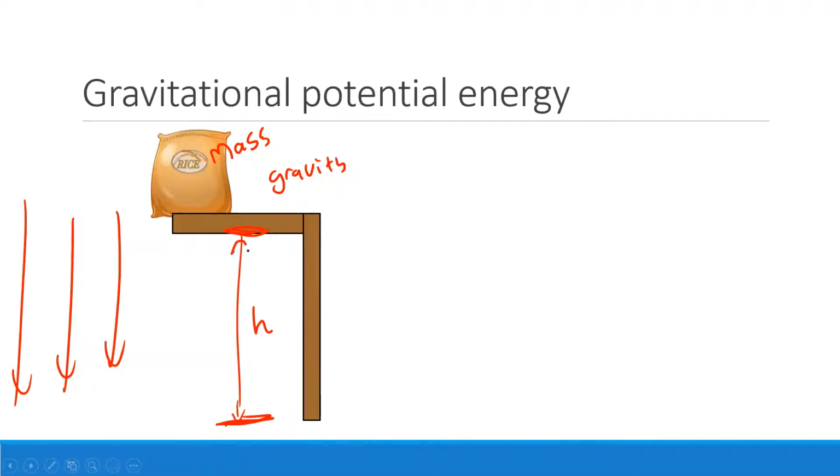We can think about this again, sticking to just looking at work. By moving the rice up onto the ledge, I did work against the gravitational force. When we use the word work, you're usually moving something against a force: against the force of gravity, against the force of friction, against the force of, I don't know, magnetism. In this case, I did work against gravity.